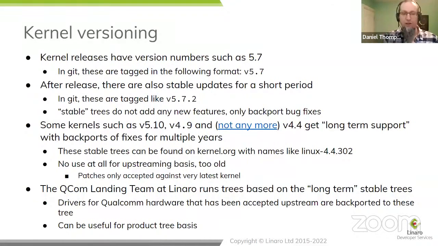So the idea is the drivers for the Qualcomm hardware get sent upstream first. Once they're accepted upstream, they are back-ported on top of the long-term stable tree by the Qualcomm landing team, and that becomes their recommended basis for product releases. So that's an upstream first approach to maintaining product trees.